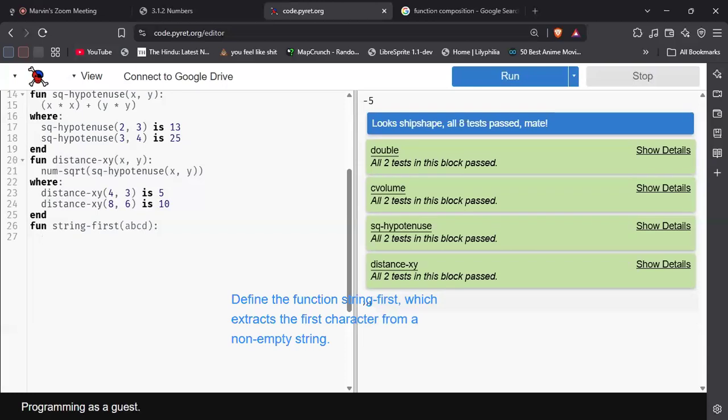Okay. Here, let's write the test first. So what is WHERE on line 27?